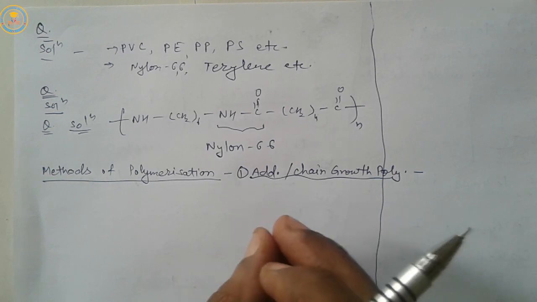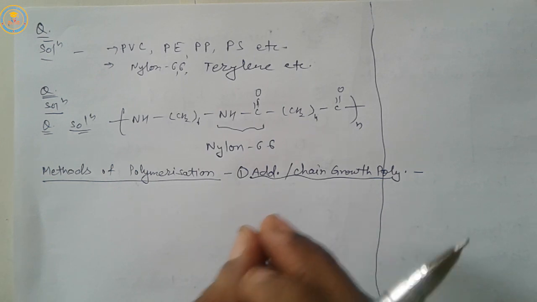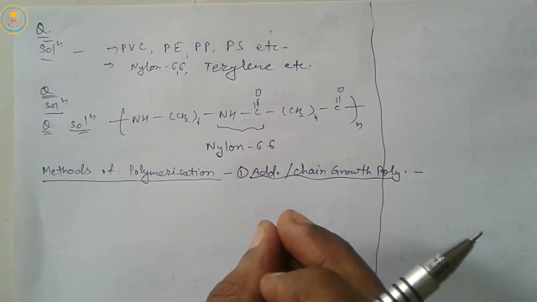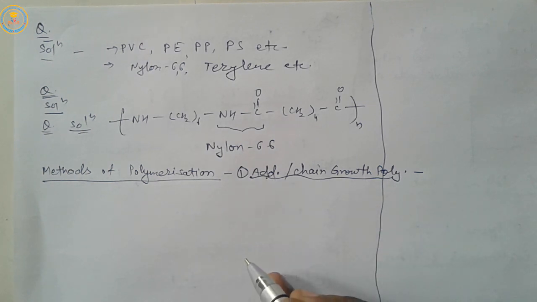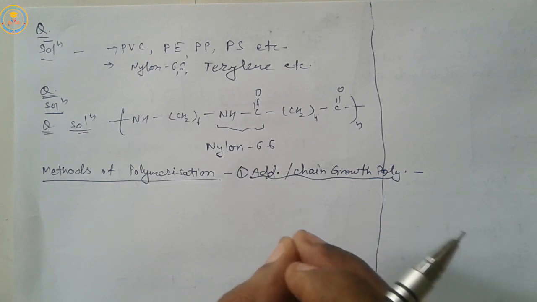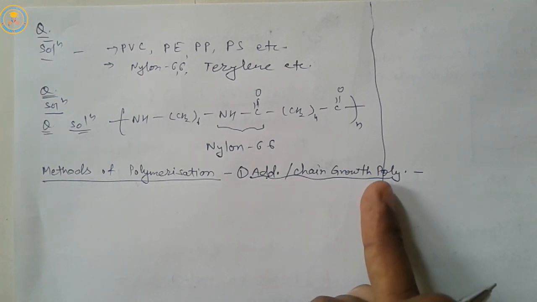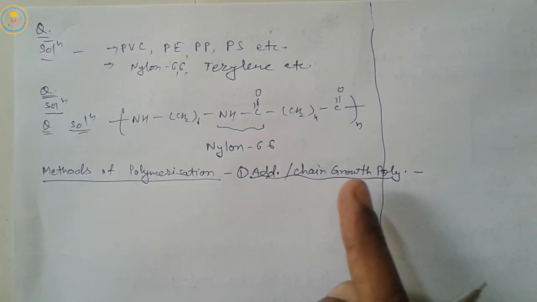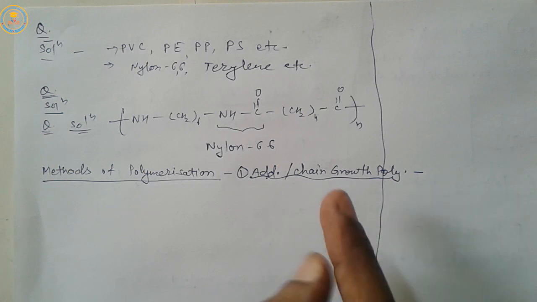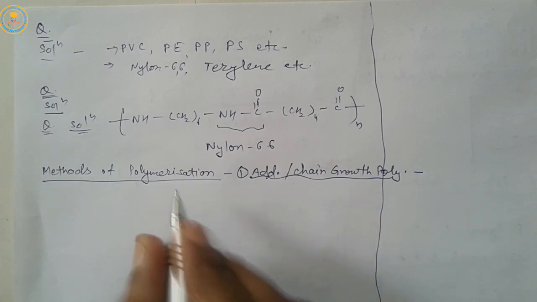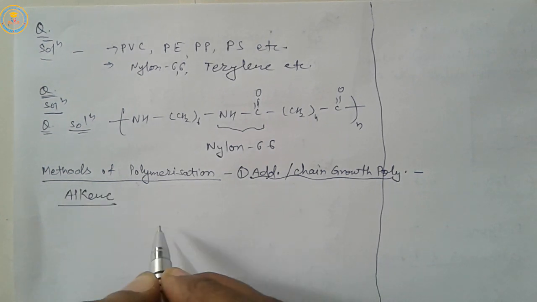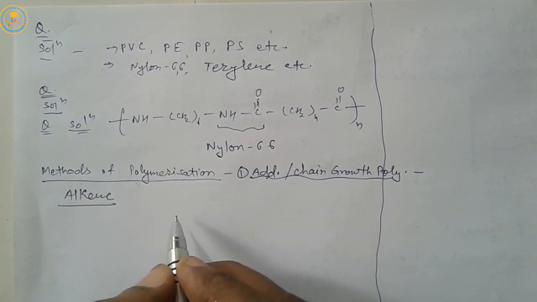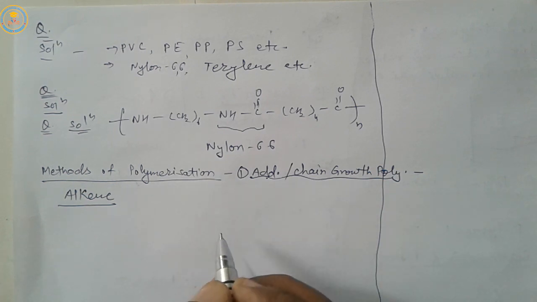When monomer molecules combine together to form a polymer by addition reaction, this process is called addition polymerization. The monomers used are unsaturated molecules like alkenes, alkadienes, and their derivatives.